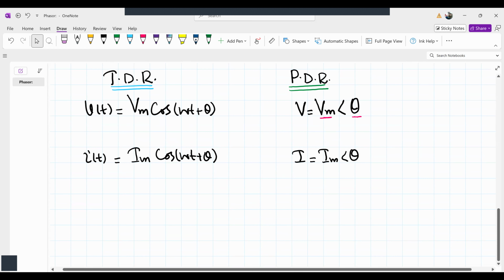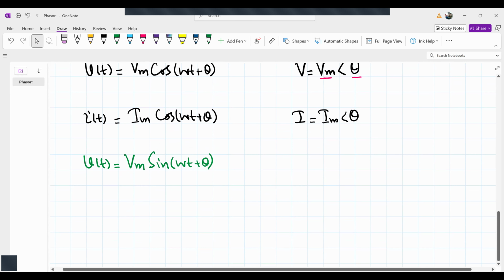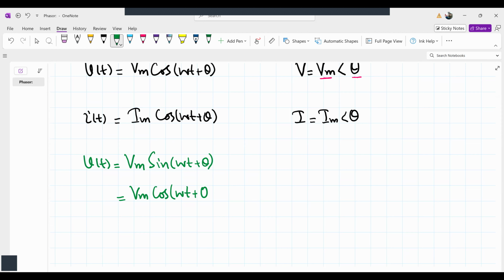Now let's suppose our voltage is given in terms of sinusoids. For example, if our voltage is Vm sine(omega t plus theta), we know from trigonometry we can write it as Vm cosine(omega t plus theta minus 90), because cosine(theta minus 90 degrees) is sine theta.